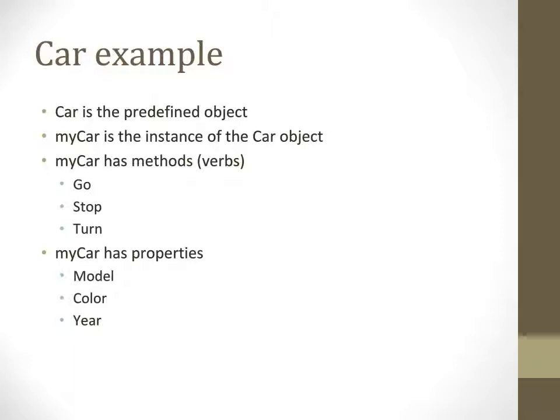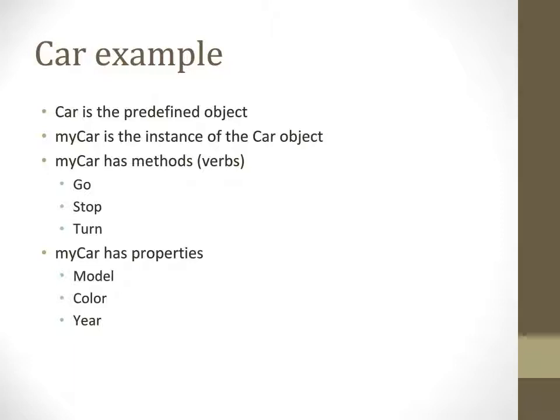Now the car has methods that are predefined. Cars can go, they can stop, they can turn. And remember, the methods are specific to the object. It wouldn't make sense to have eat or jump or fly, something like that. That doesn't really make sense because that's not what cars do. Now we also describe my car. It's going to have properties.